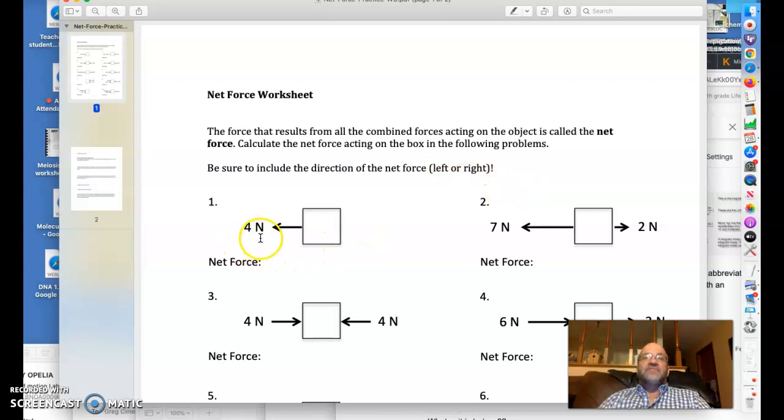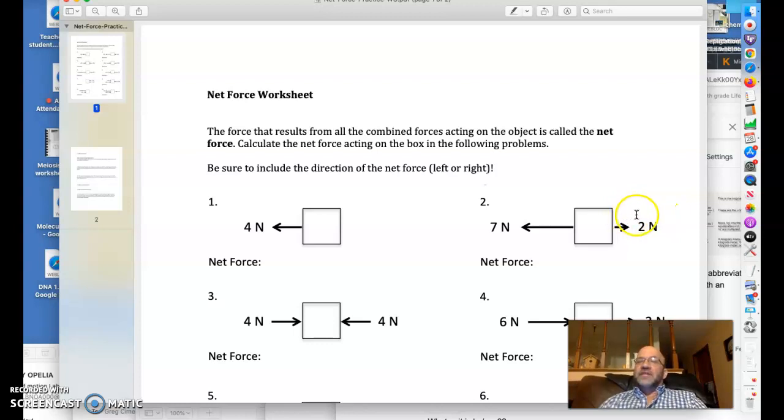So here we have 4N, and you can see the arrow. We don't have anybody standing here pushing it, but this is just to understand it. So here's 4N to the left, so the net force would be 4N to the left. Here on number 2, we have forces going both ways. Picture someone over here and picture someone over here. Maybe the person over here has more muscles. Maybe they could push harder.